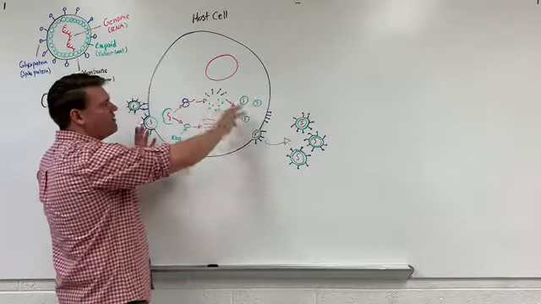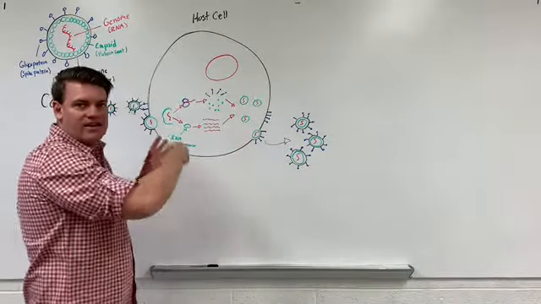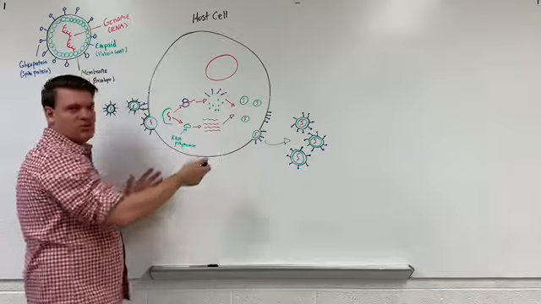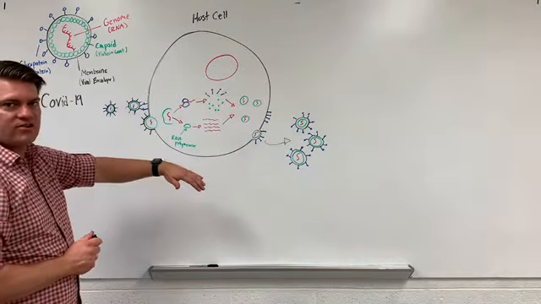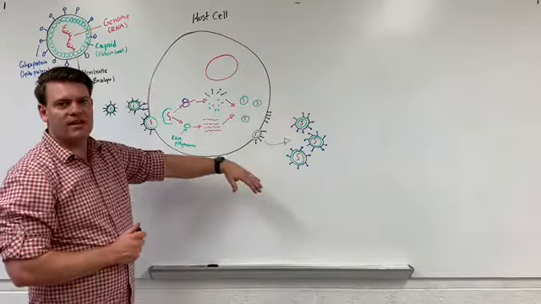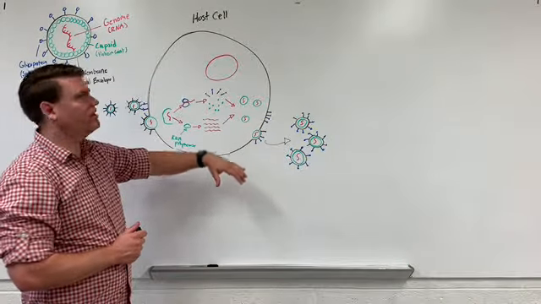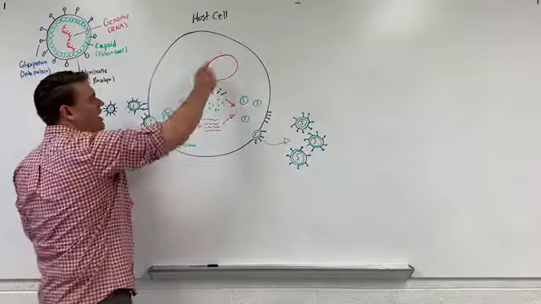It will use up everything from the cell, and then that cell is going to die anyway because it can't do its regular work, because it pretty much got turned into a virus making factory, and the virus is going to keep making it until it runs out of materials, and then this cell will die.